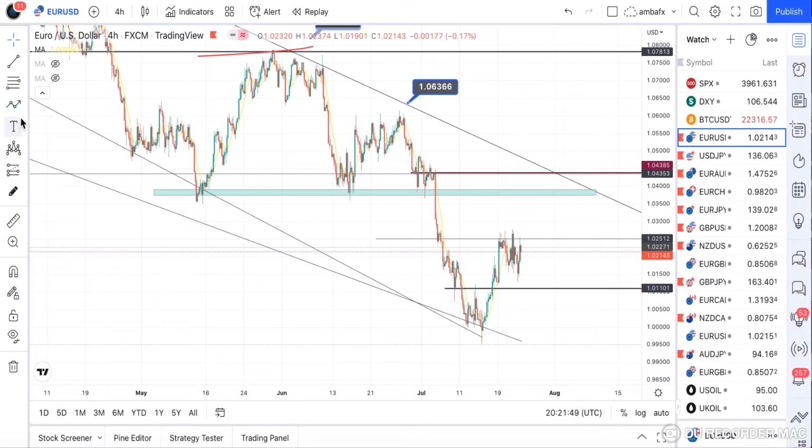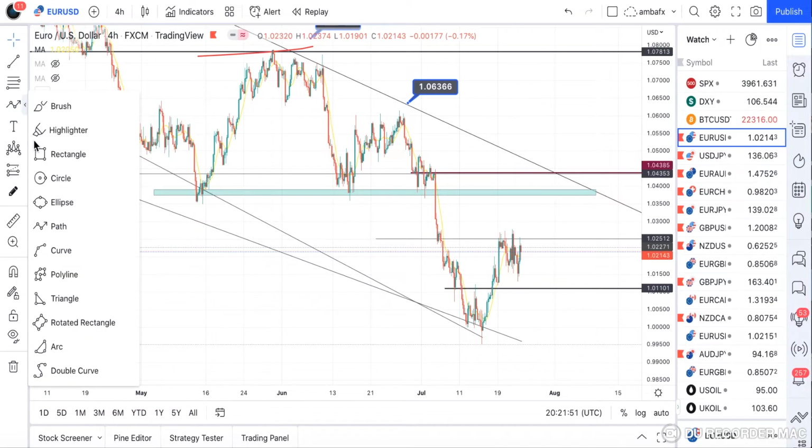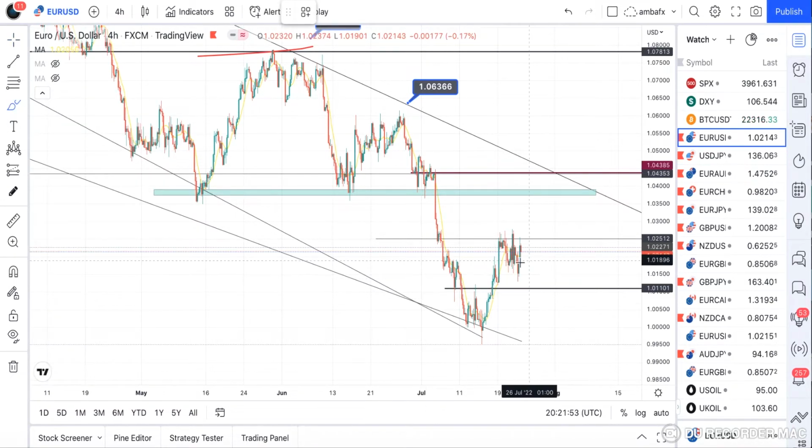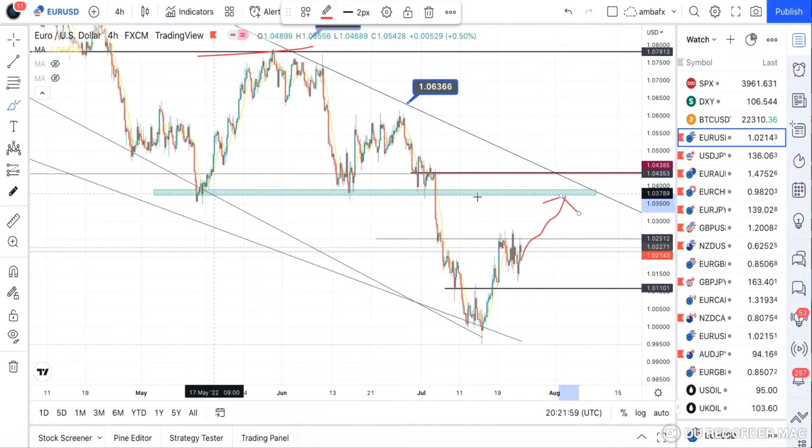So the first thing we should be expecting Monday, Tuesday is a correctional bias to the upside to this particular level, because this is a very strong resistance level.